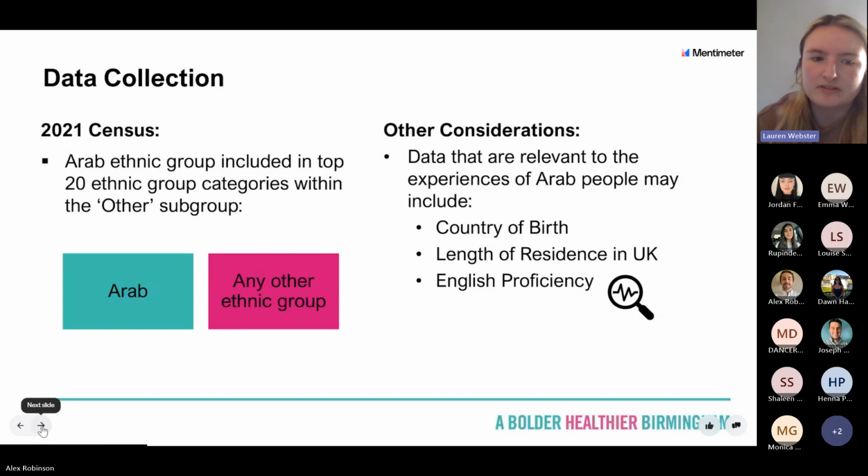The health needs of recent Arab migrants with limited English language ability will be significantly different to someone with an Arab ethnic group background who is born in the UK or Birmingham and speaks English as a main language. It's also important to consider other aspects of someone's identity in tandem in healthcare or community settings, to avoid assumptions that people who belong to one specific ethnic group will all have the same needs.